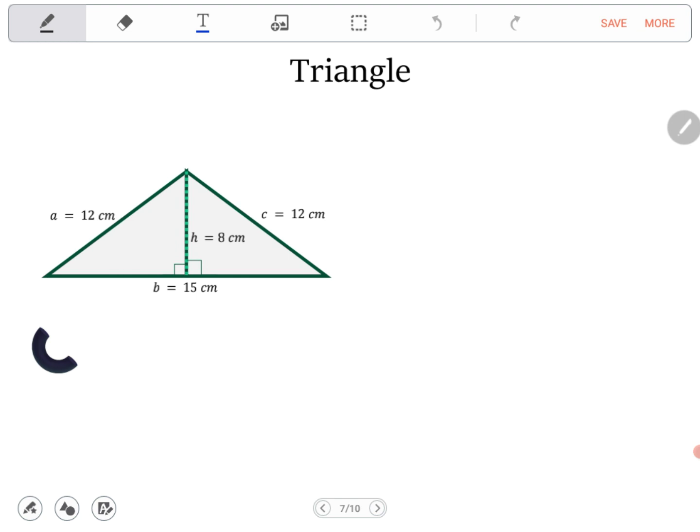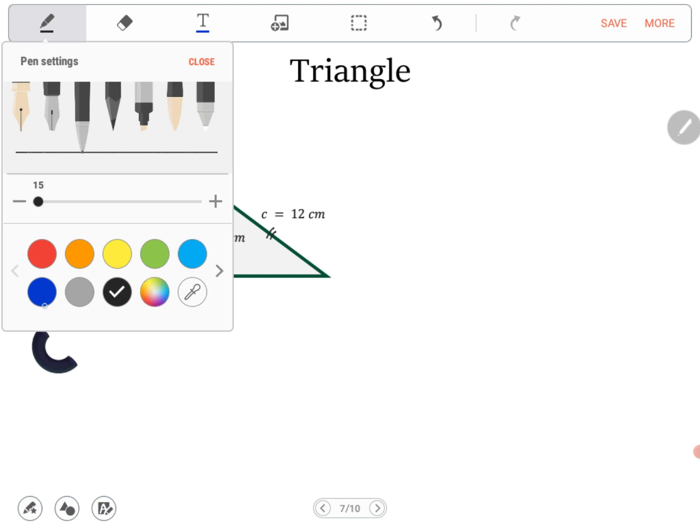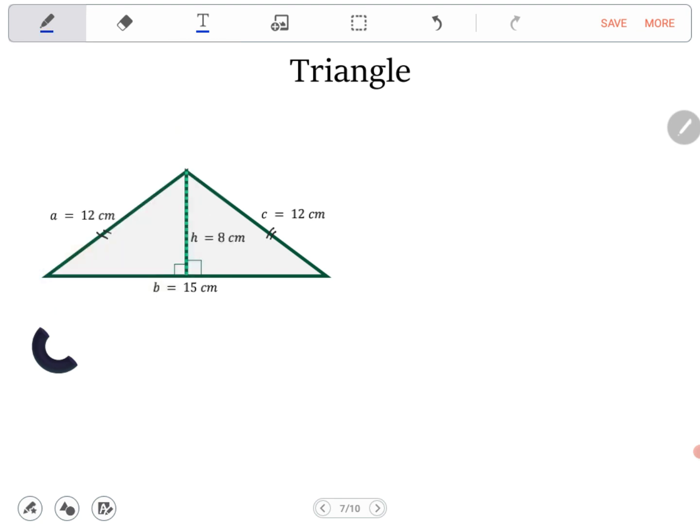Another triangle that we can look into is called an isosceles triangle. As you can see here, these two sides are equal. All right, so I'll just use a different color. In this case, we are trying to calculate the perimeter as well.